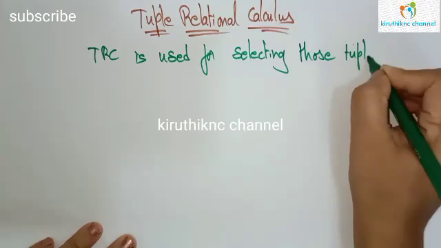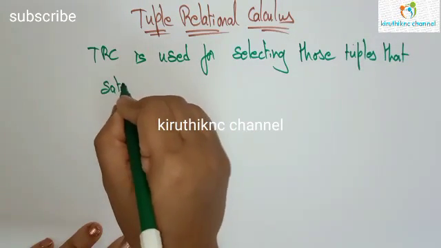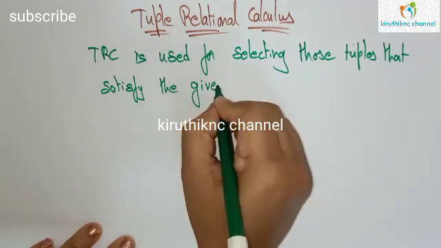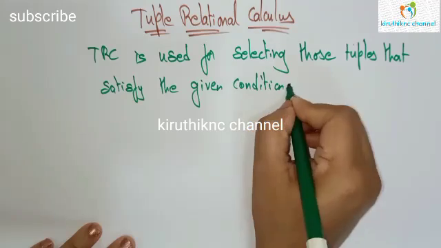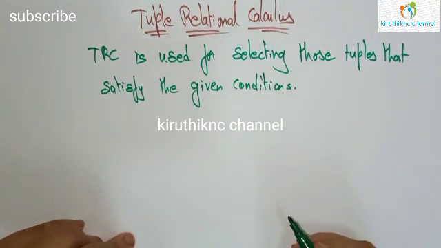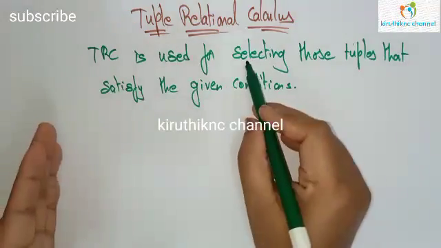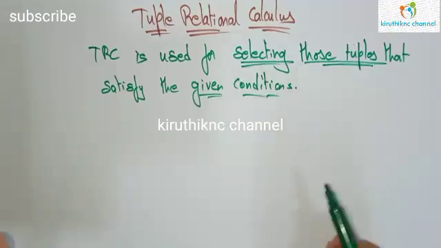So whatever satisfies the given condition, those rows are going to be displayed. Here only the rows are going to be displayed. So tuple relational calculus is used for selecting those tuples satisfying the given condition.